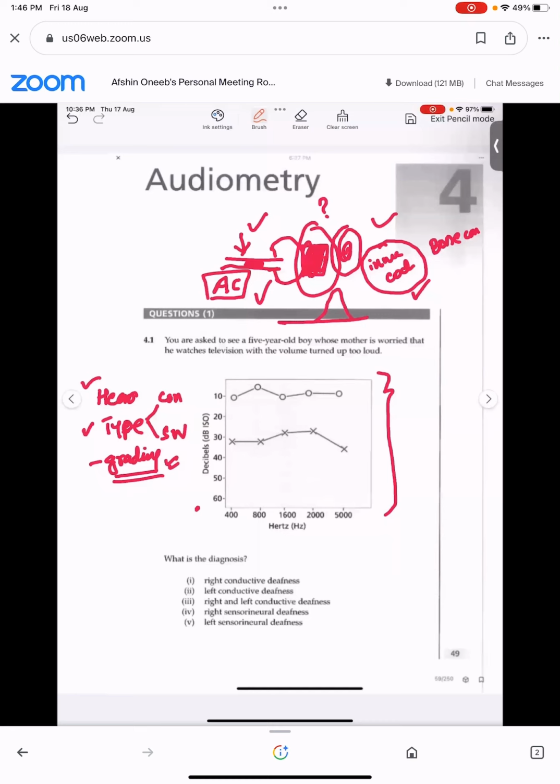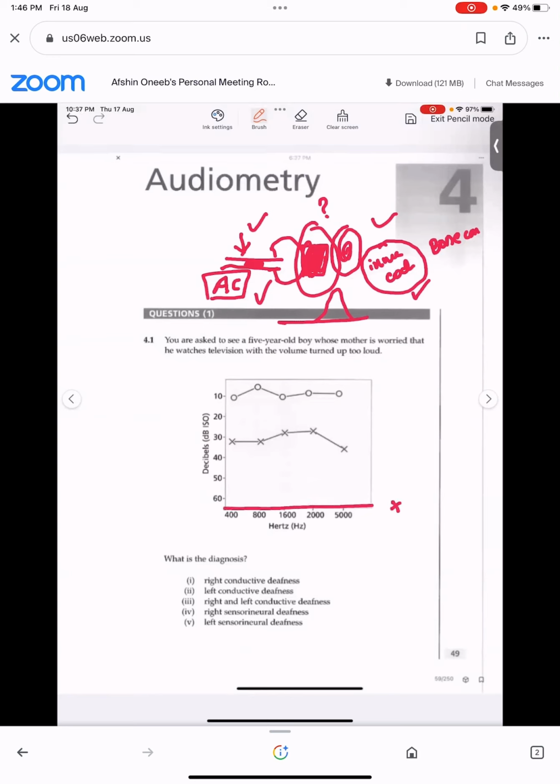All right. First of all, you need to know the three basic steps. Number one, the graph has an x-axis and a y-axis. The x-axis tells us about the frequency.